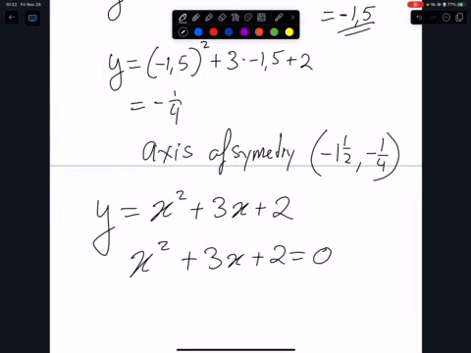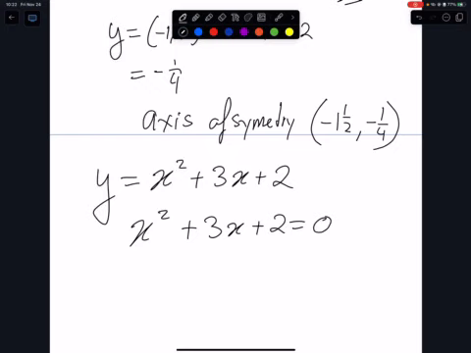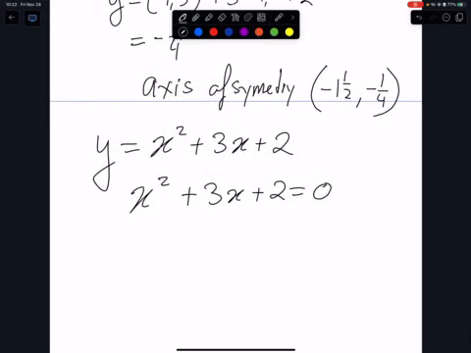What do you want to know? The intersection with the x-axis. And then you do what you've learned. Two numbers put together equal 3. The same two numbers multiplied with each other are 2.